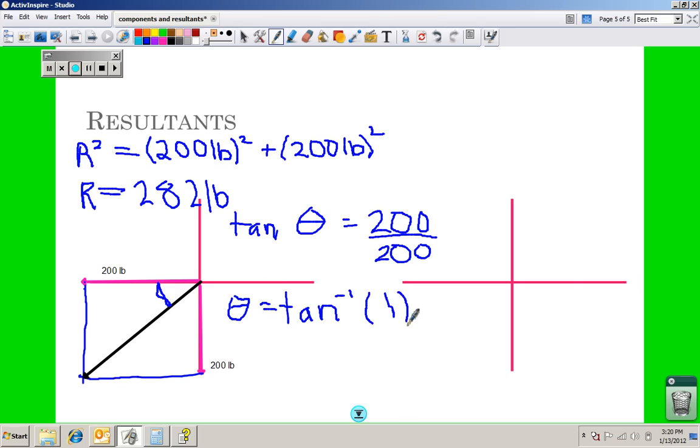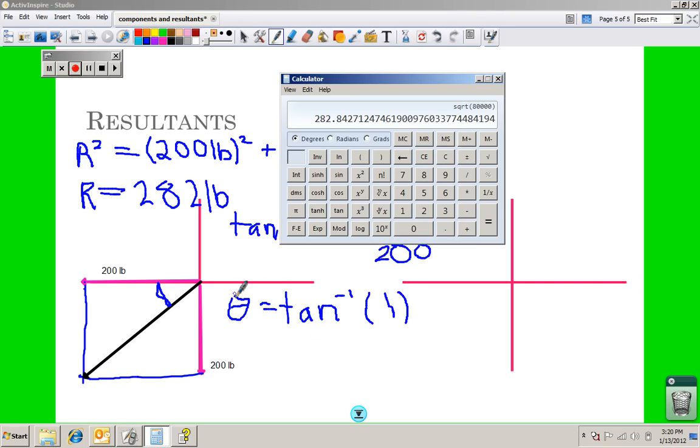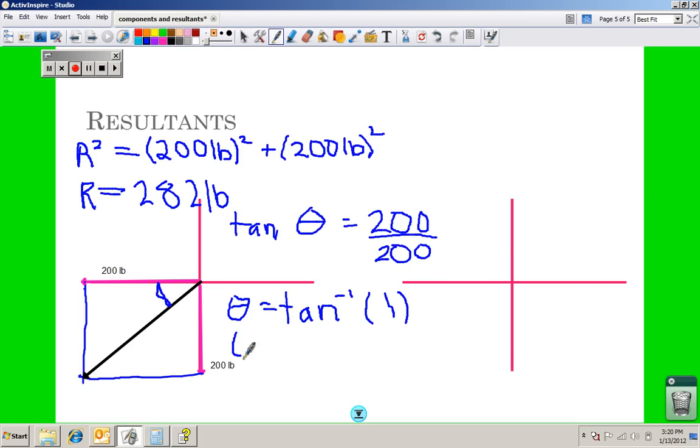Whew, it's hard to write with just a mouse. Okay, let's do inverse, let's hit clear first, and then we'll do 1 inverse tangent, and we get 45 degrees. Okay, so theta is 45 degrees.